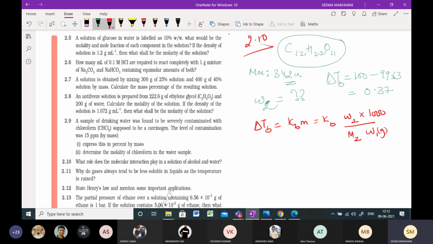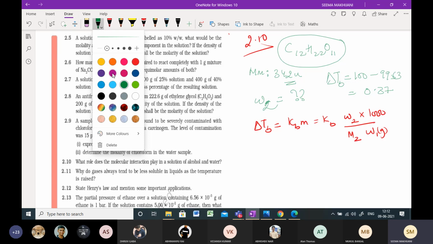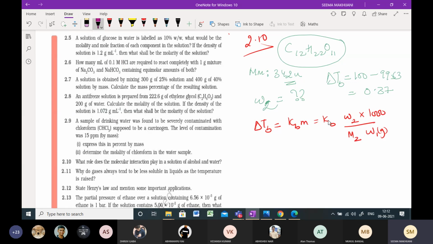Now let's substitute these values to get the answer. Kb value for water is always 0.52. There is no harm in learning this value, because for your entrances this value might not be given. Only for water I would advise that you should know the values of Kb, which is 0.52, and Kf, which is 1.86.